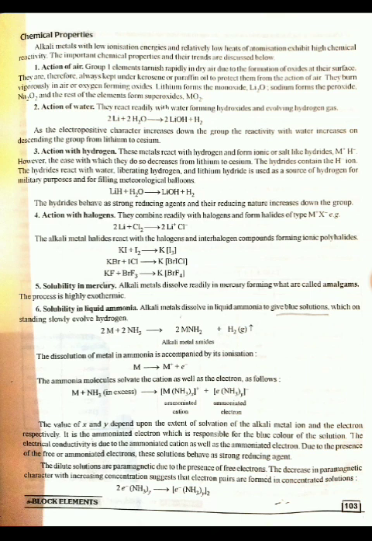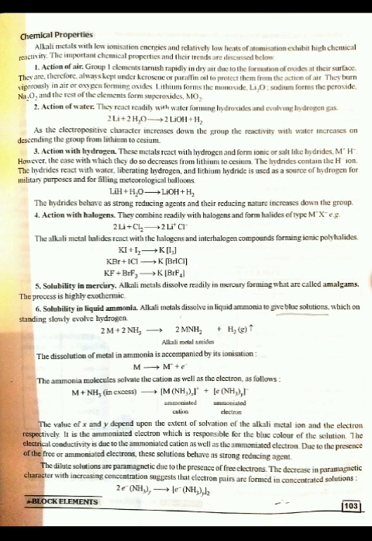The ammonia molecules solvate the cation as well as the electron as follows. M plus excess NH3 gives the ammoniated cation, M(NH3)x+, plus the ammoniated electron, e-(NH3)y.